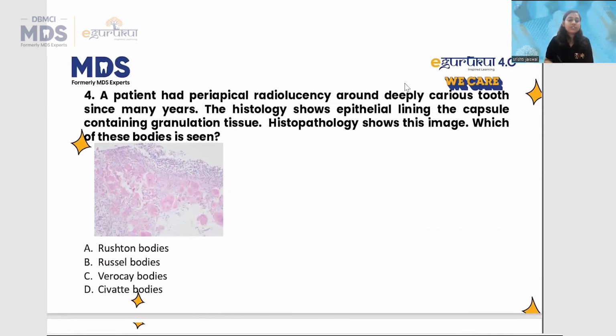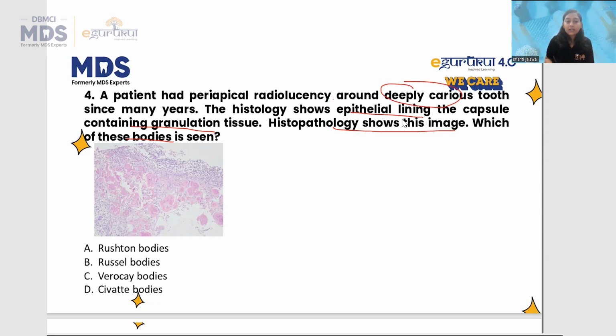Okay, so the patient had a periapical radiolucency around a deeply carious tooth since many years. The histology shows epithelial lining, the capsule containing granulation tissue. Now histopathology shows this image. Which of these bodies is seen? In the question it is very clearly evident that the tooth is deeply carious.